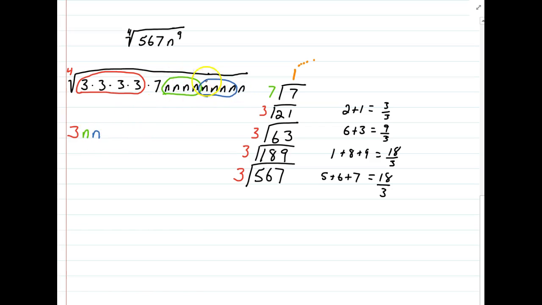Now there are no other groups of 4, so I rewrite it with the remaining on the inside. There's a 7 remaining, and there's this n remaining. And now, don't forget, if the index is blank it means 2, so we have to put the 4 every time. Now we clean up the outside. That would become 3n squared, the 4th root of 7n.